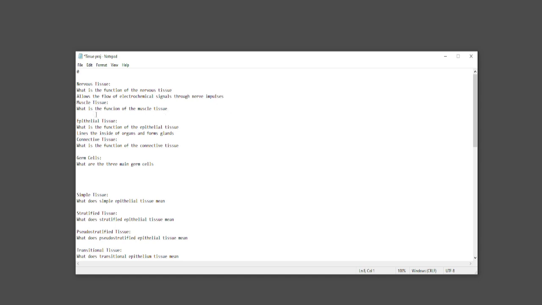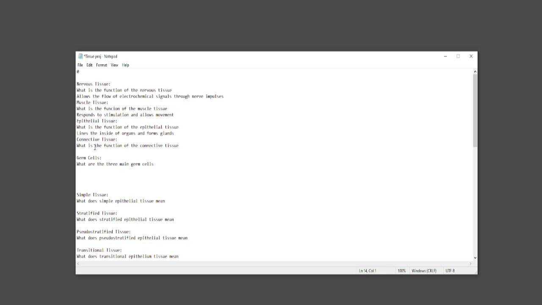Muscle tissue, the function of that is, I think, responds to stimulation and allows movement. And finally, connective tissue.